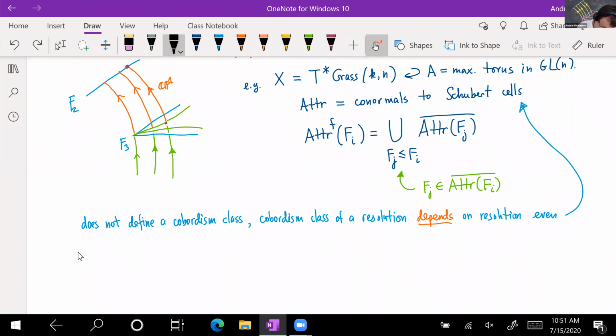We want an elliptic homology class supported on this full attracting set.